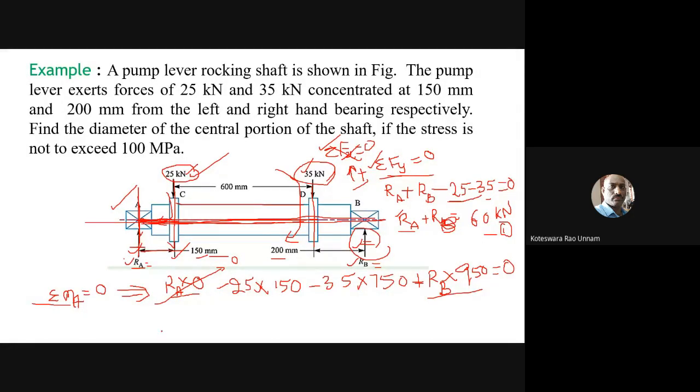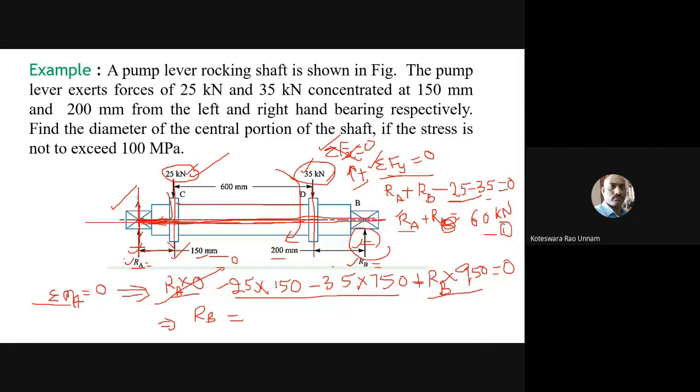If I simplify this equation, I'll get an expression for RB. If I bring these two terms to the other side of the equation, they become positive, then divided by 950, I'll get the RB value.